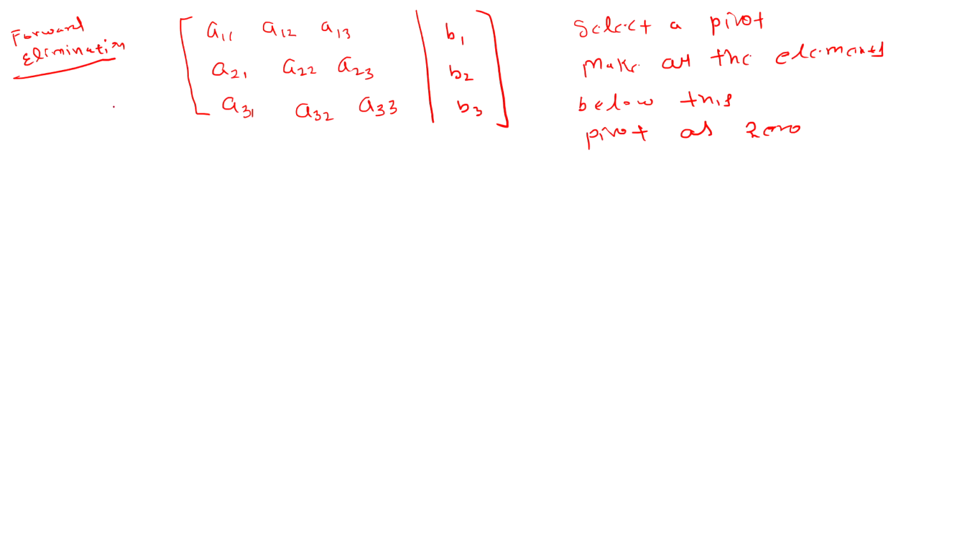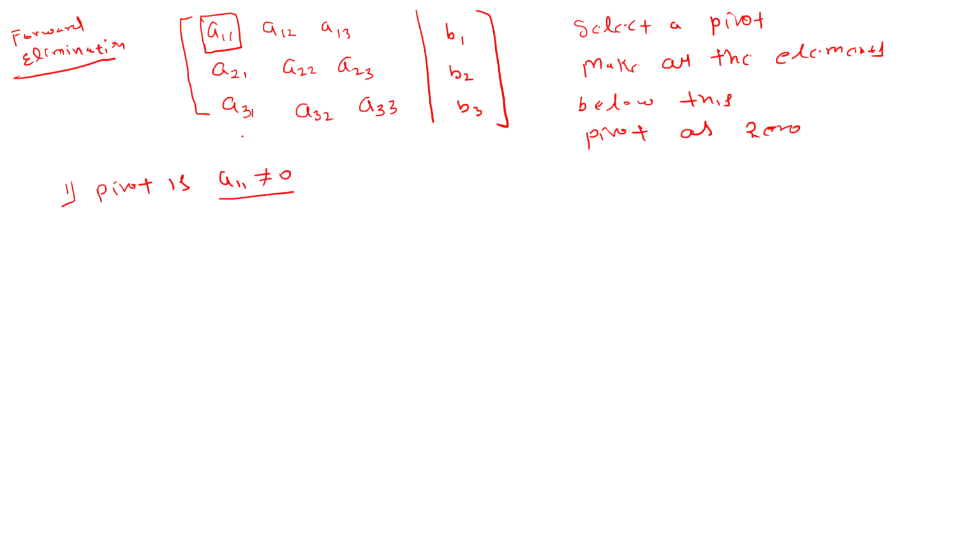In the first step we have this pivot, that is A11. So the first step is to select this pivot. We have selected the first pivot, and in the first step the pivot is A11, which is obviously non-zero.